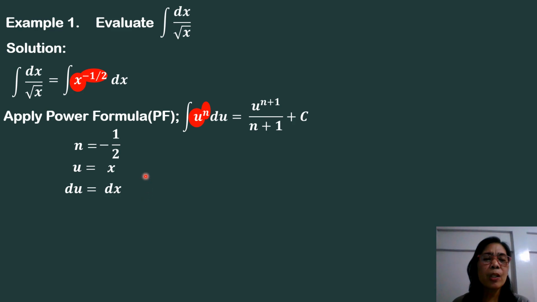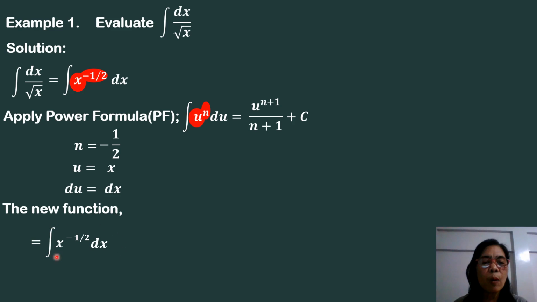Your next step is to write the values of these elements u, n and du following the left side of the power formula. So recite the left side of the power formula, write the values of u, n, and du as defined in here. So we now have the integral of u, whose value is x, raised to n, which is negative 1/2, times du, which is dx.